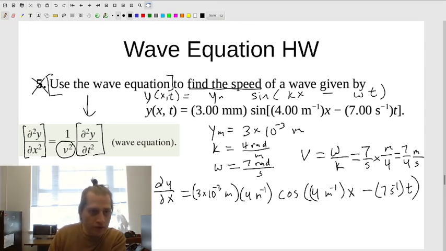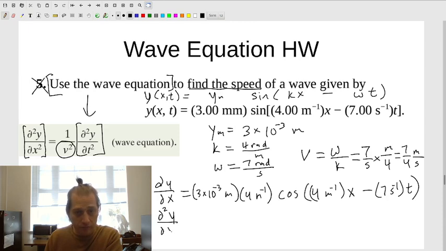And then if I wanted to get my d squared y dx squared, I'd have to take the derivative again. I'm going to leave off my units for the second derivative. The derivative of cosine is minus sine, so this would be, well, actually, I'm this deep, I may as well keep my units. I'm going to have minus sine, so it's going to be minus 3 times 10 to the minus 3 meters.